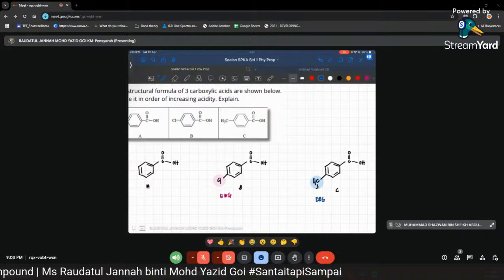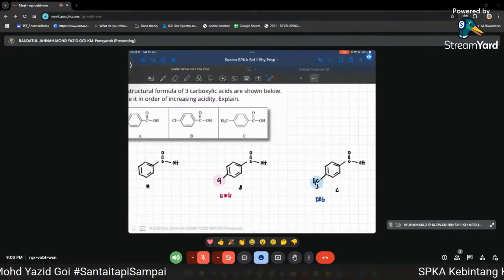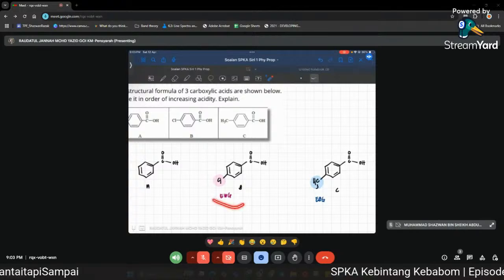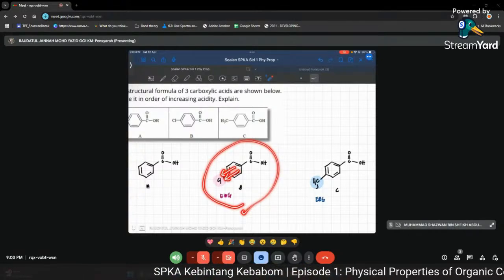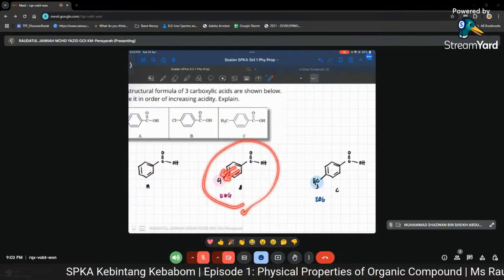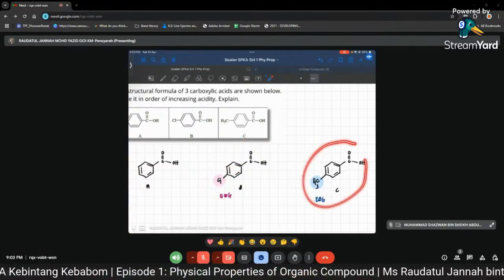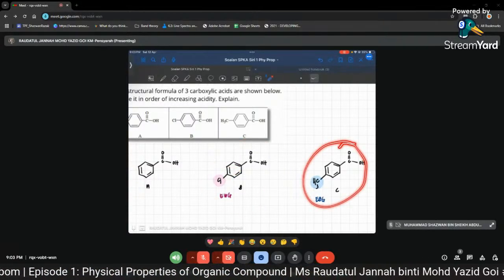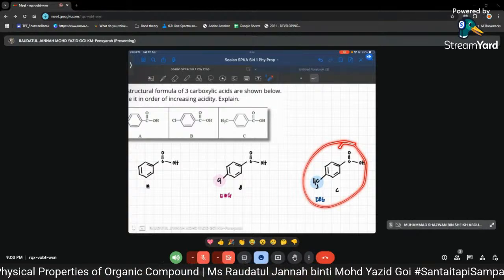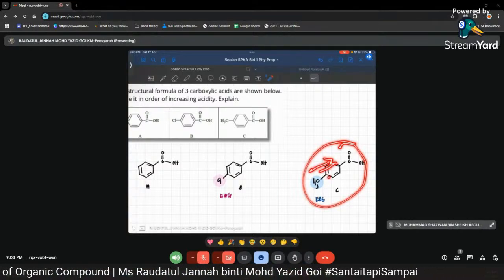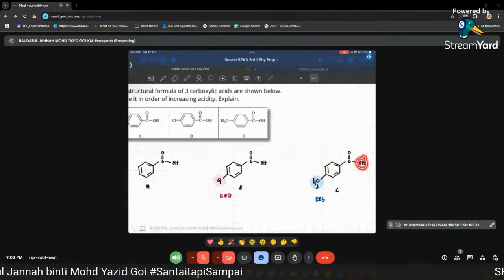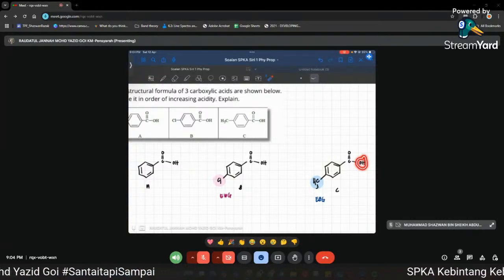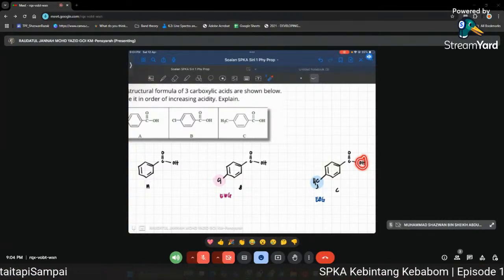Okay, so as discussed earlier, species with an electron withdrawing group is very acidic, because it will pull electrons toward itself, so the electrons do not gather in one place. But if you have an electron donating group, it will be less acidic, because instead of pulling electrons, it gives electrons to others. So because of that, you strengthen the OH bond here. And even if it can dissociate its proton, you will form a very unstable conjugate base.